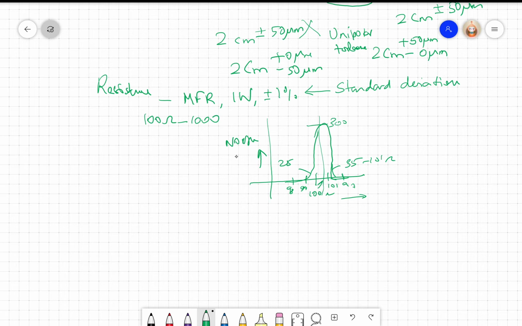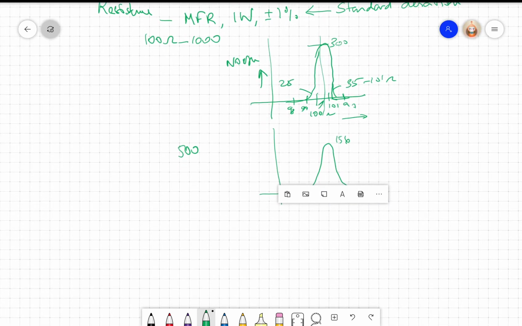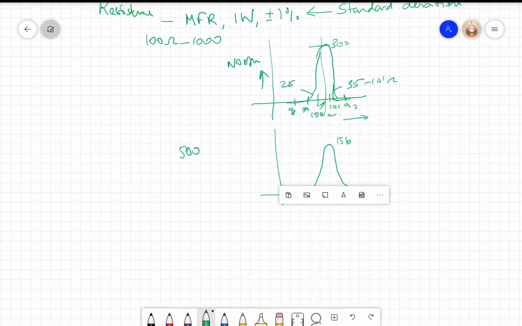Now, if I take this and I make only 500 measurements, right? I may get something similar to this, but the peak value will not be 300, it may be 158 or 156, right? So, in order to eliminate the dependence on the number of measurements in representing the large repeated measurements, what we do is we divide by the total.